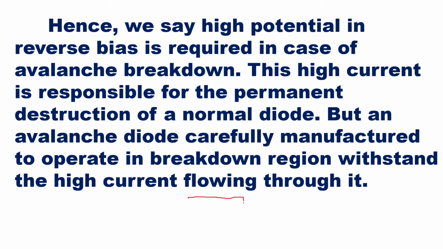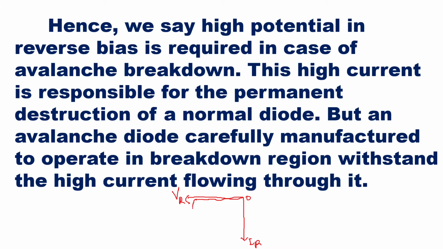If you take the graph of the third quadrant, negative voltage, that is reverse voltage, and reverse current, you can see from zero, if you increase the applied voltage, the voltage across the diode is going to increase, and as it increases, at some stage there will be multiplication of minority carriers.